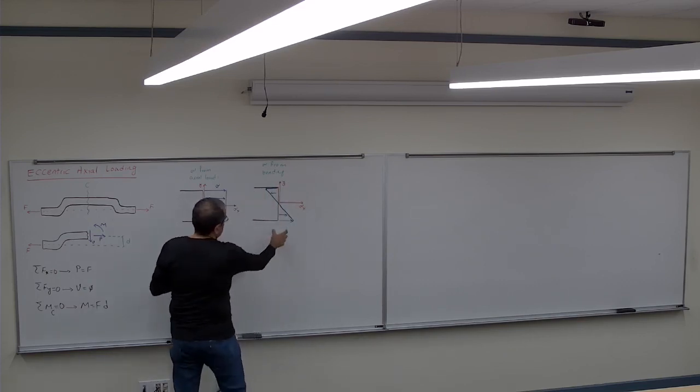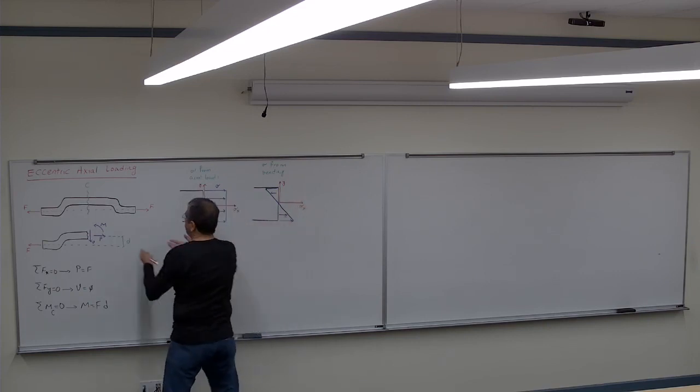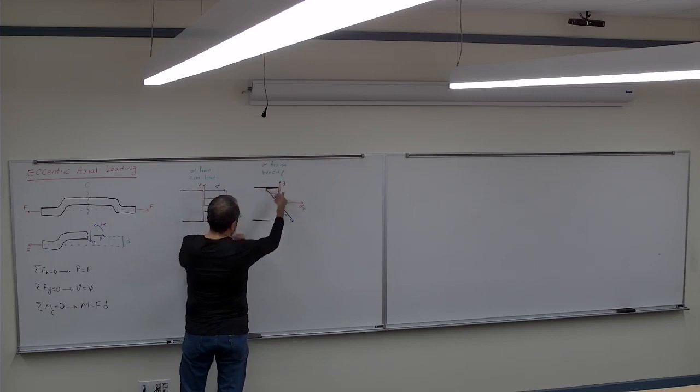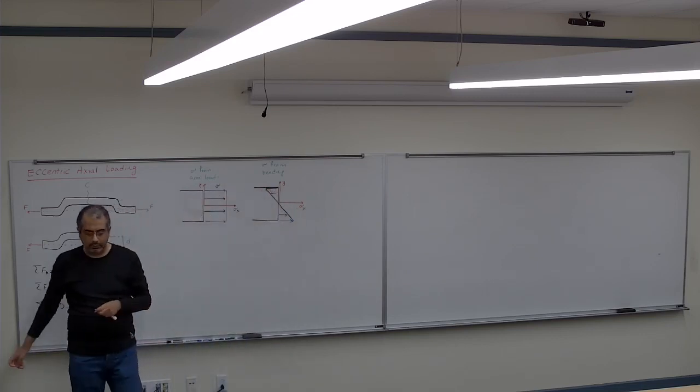Because at the bottom is tension, it's going to be positive, at the top is compression, so it's going to be negative, so they're going to look like that.